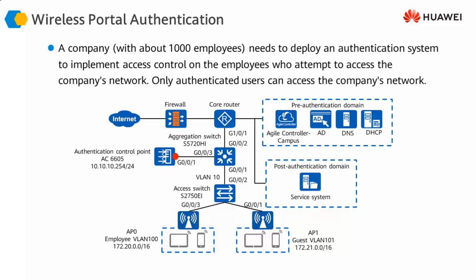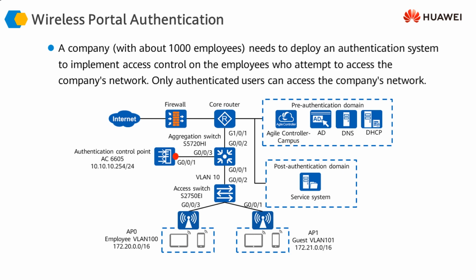For example, we have these wireless devices connected to two separate APs. One AP is providing connectivity for employees and the other one is providing connectivity for the guests. This is the employee VLAN 100, this is guest VLAN 101, and both these APs are providing connectivity to either the guest group or the employee groups, and they are going through this access infrastructure to the access controller, or they are being managed by the access controller.